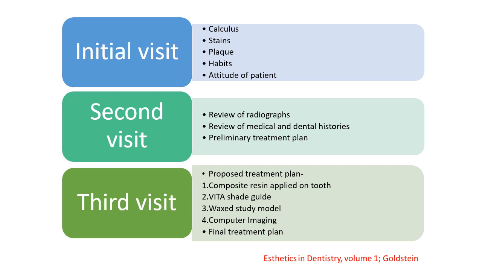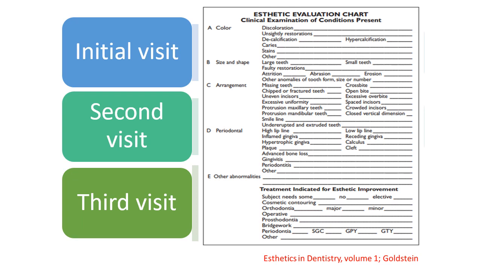In your third visit, you can propose a treatment plan, that is a composite resin applied on the tooth, then the Vita shade guide, the wax study model, computer imaging, and then the final treatment plan. We can even follow the aesthetic evaluation chart as mentioned in the slide.